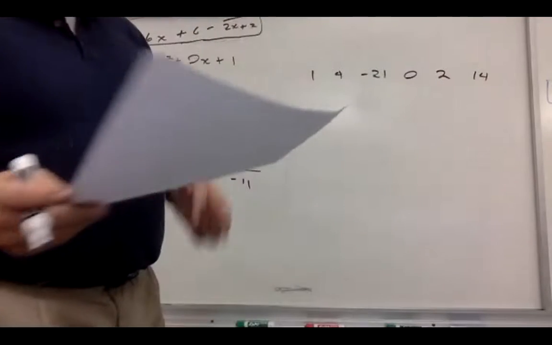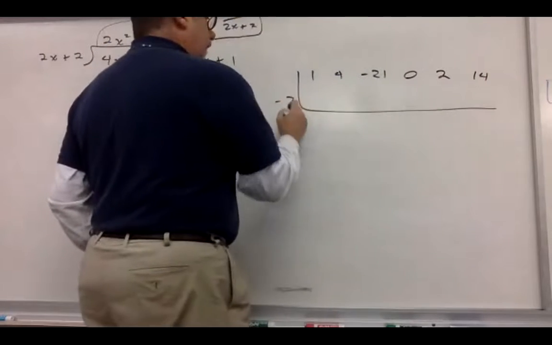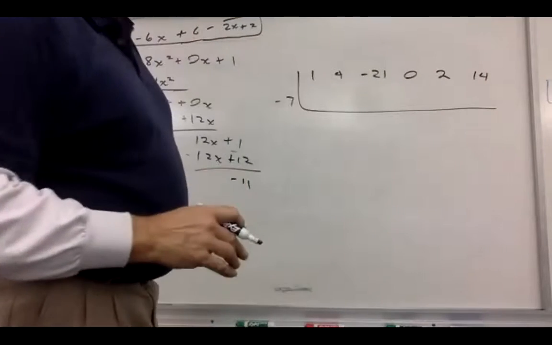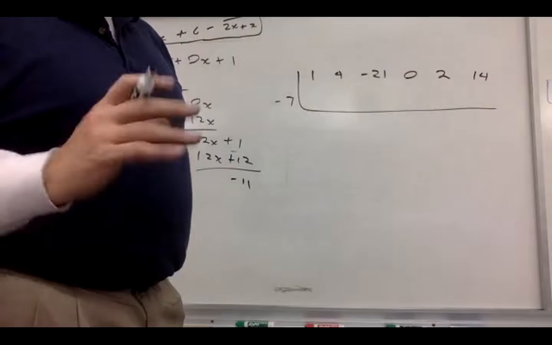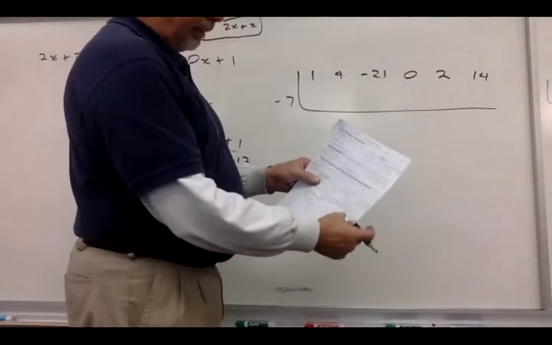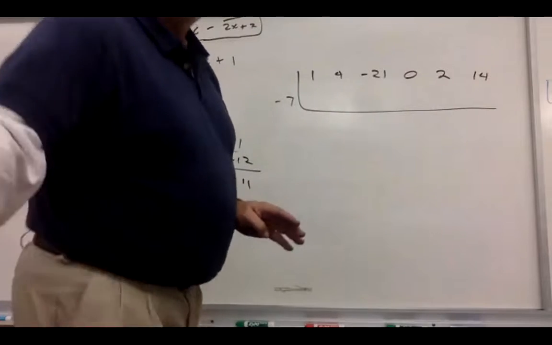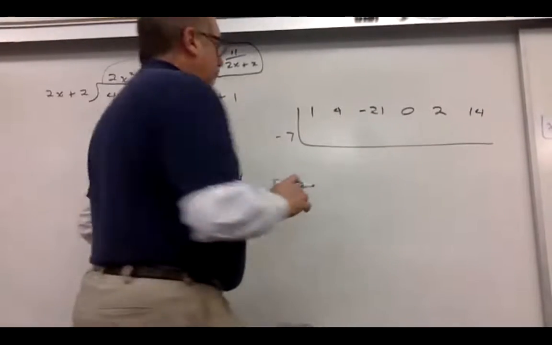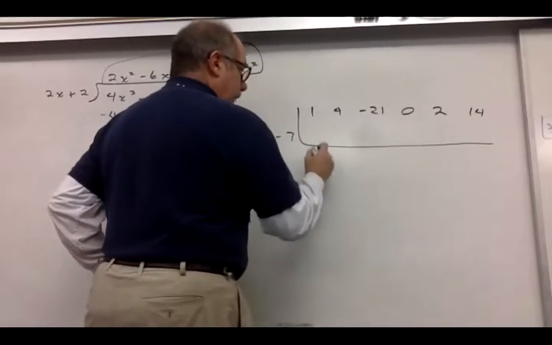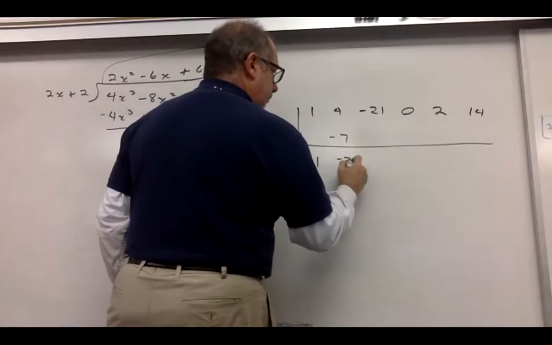And if x plus 7 is a factor of that, then if I put -7 here and go through my synthetic substitution, it's going to end up with 0. And the nice part about this is I don't have to take -7 to the 5th power, -7 to the 4th power. I don't do any of that. I just focus on coefficients. That's what makes synthetic substitution so nice. Bring the 1 down. -7 times 1, add.